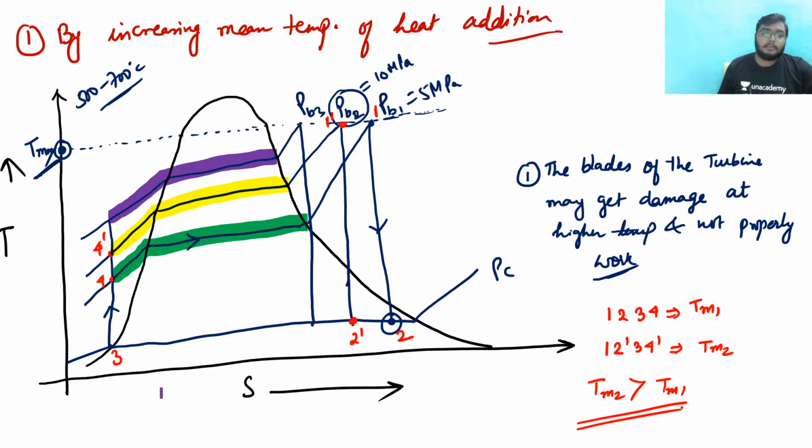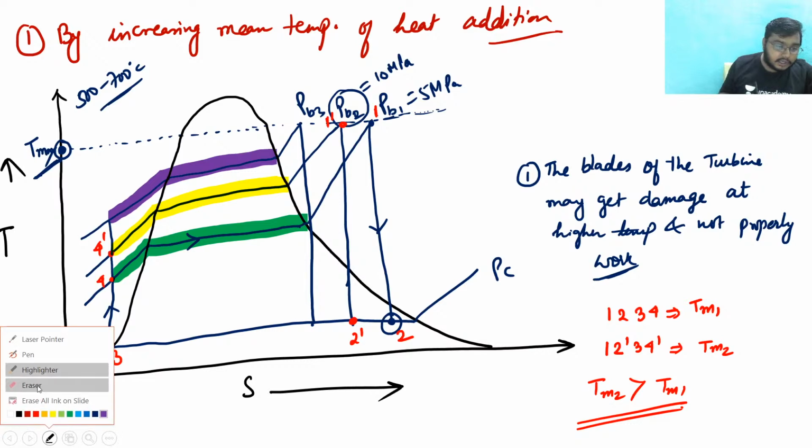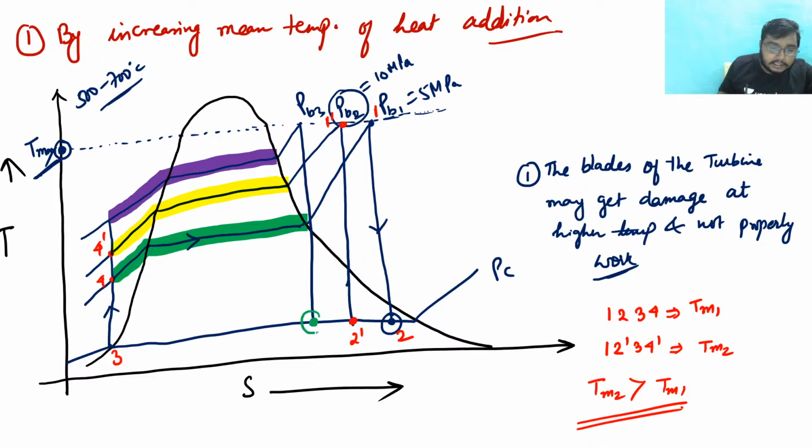But what you can see here from this figure, observe very closely, at this point and at this point, can you tell me, at points 2, 2 dash and 2 double dash, at these 3 points, which point will have the maximum dryness fraction and which point will have low dryness fraction?